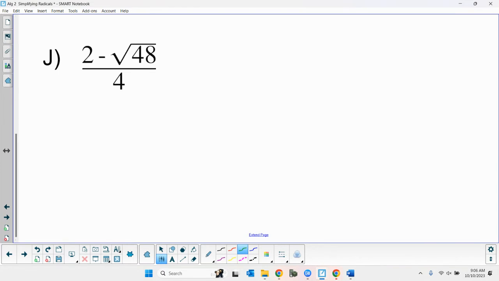What can I do with that 48? I like to use these two numbers. So, what happened here? What's that equal? So 2 minus, Rylan?